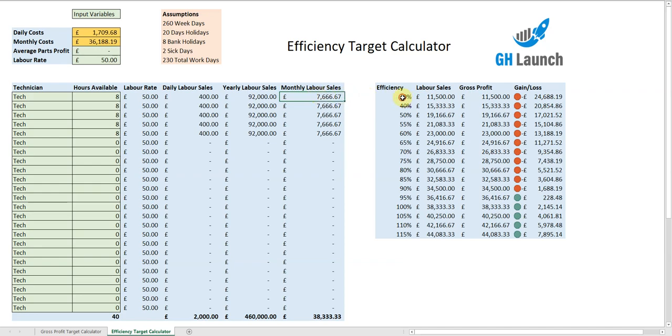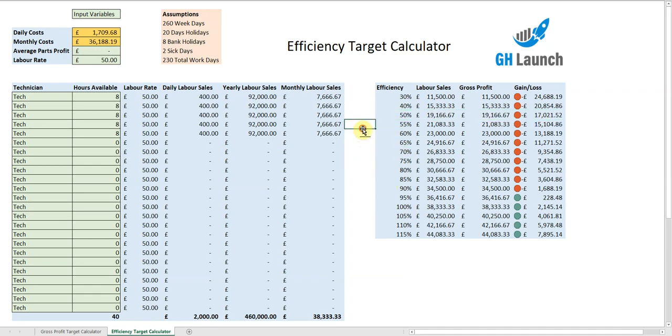So at 30% efficient, the company's total monthly labour sales based on 5 technicians is 38,333. So if we look at 100% efficient, that is the amount of labour that you'll sell. At 50% efficient, you're going to sell half, and so on and so forth.